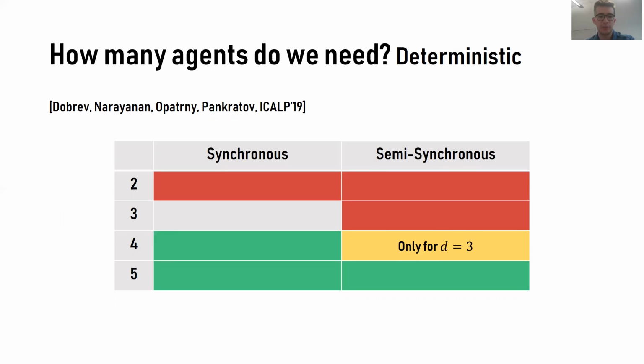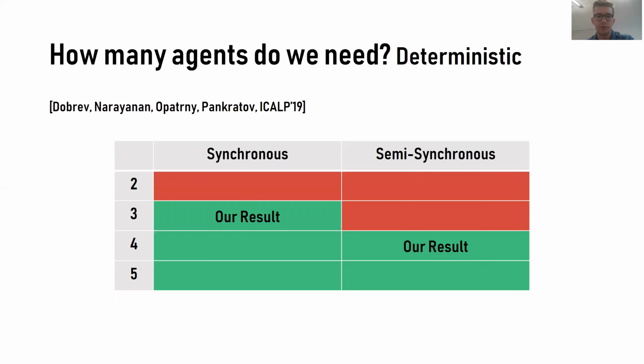For synchronous agents, they showed that 4 are sufficient and 5 semi-synchronous ones. Notice this difference by 1. This is a standard phenomenon. A lot of these synchronized protocols can be turned into semi-synchronous ones by adding 1 additional agent. And they showed that for the special case of d = 3, 4 semi-synchronous ones are enough.